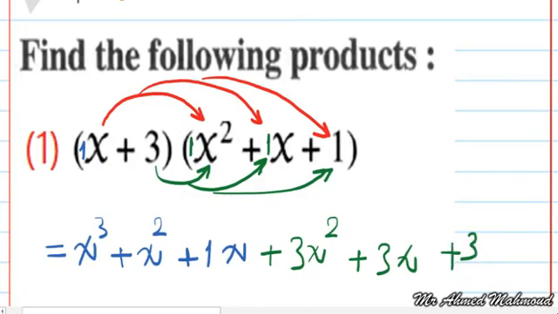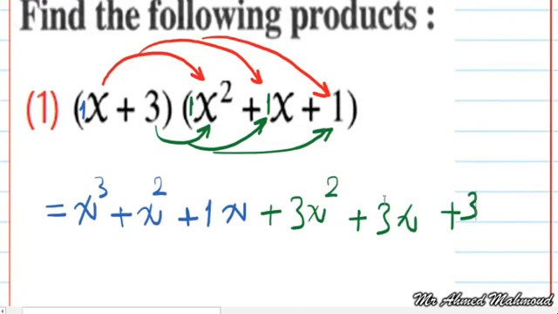Then of course there are like terms. Then we are going to collect the like terms. First I'm going to drop down x to the power of 3 because there isn't any term like x to the power of 3.